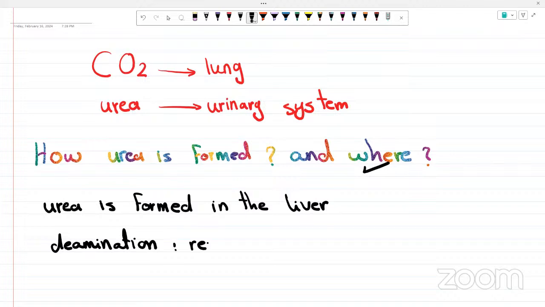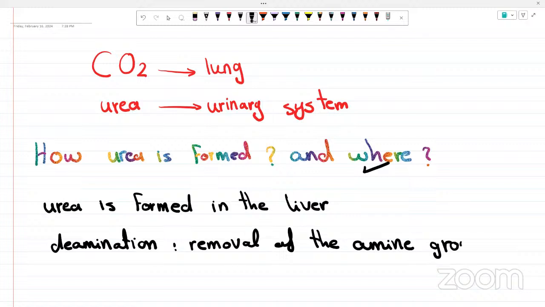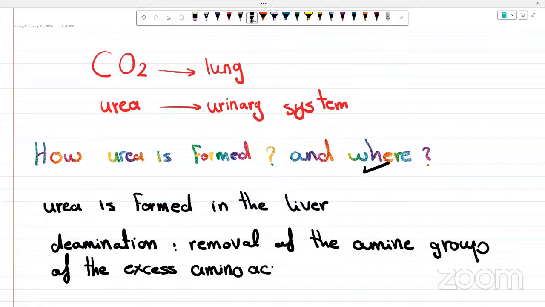Deamination means removal of the amine group of the amino acid, or let's say excess amino acid, to form urea.